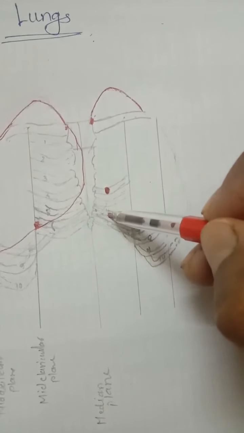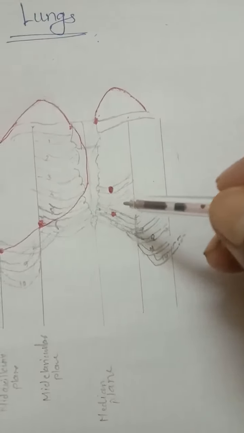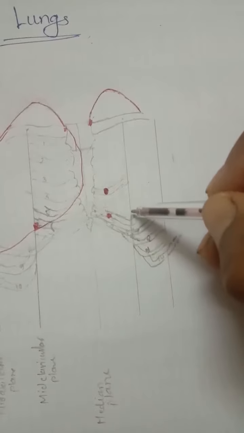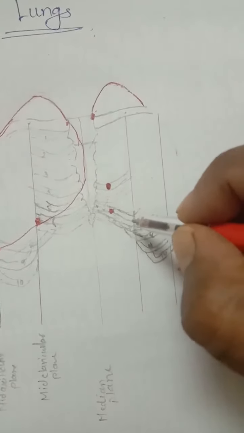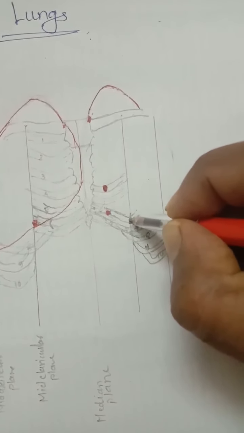So here you can take this point on the 6th rib. Then the next point: take a point on the 6th rib which intersects the left midclavicular line. So here you can take this point on the 6th rib.